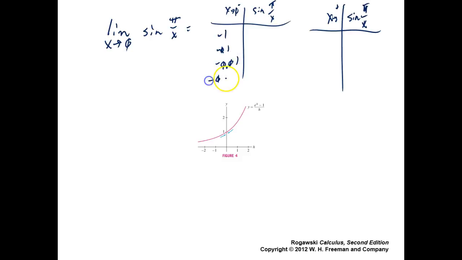That's getting closer to 0, isn't it? Would that be reasonable? It's a lot like what the book did. How about from the right-hand side? 1, 0.1, 0.01, 0.001. Sound reasonable?